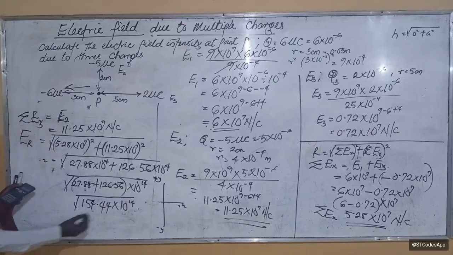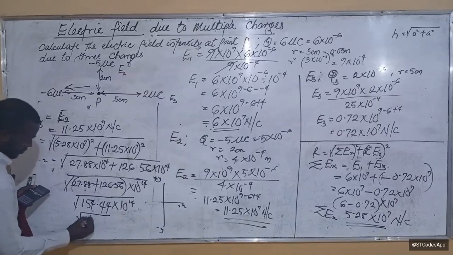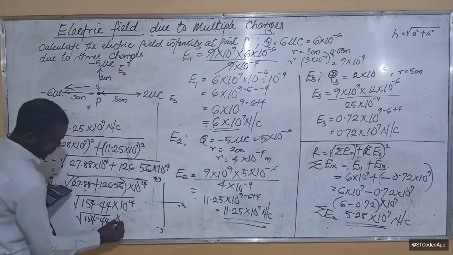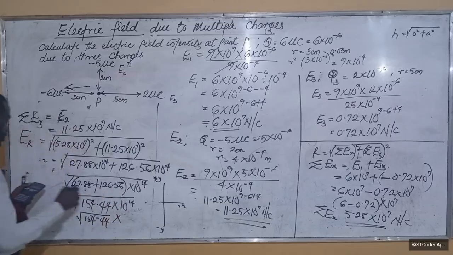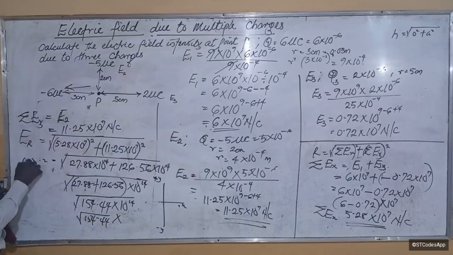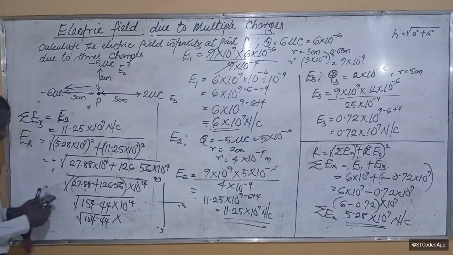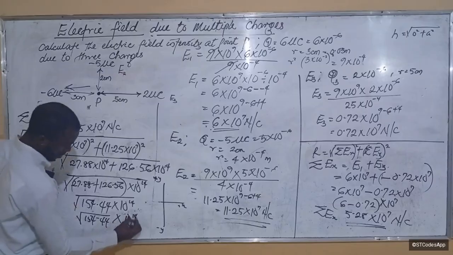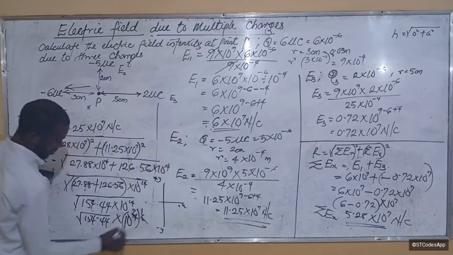So what this becomes is the square root of 154.44 times the square root of 10 raised to the power 14, which is the same as 10 raised to the power 14 times half, because the square root of 9 is equal to 9 raised to the power half. Makes sense? So I'm bringing it out as 10 raised to the power 14 times half. This half takes care of this. It gives us 7.